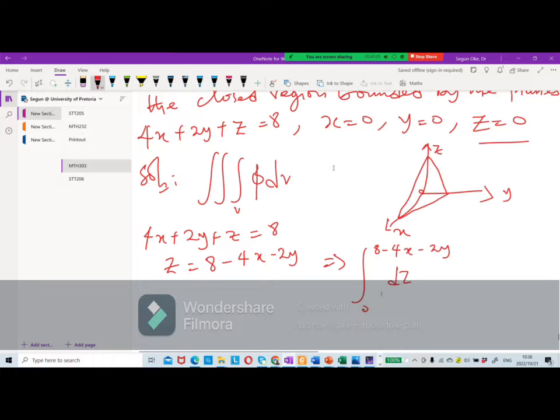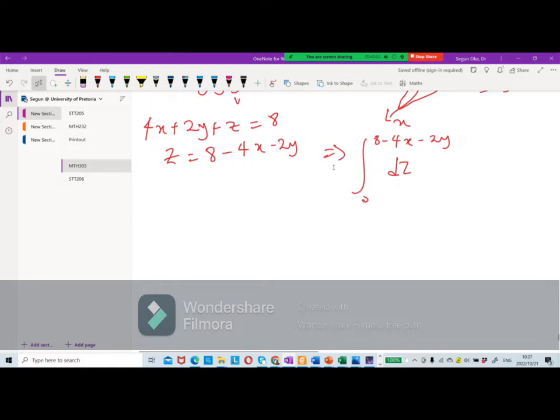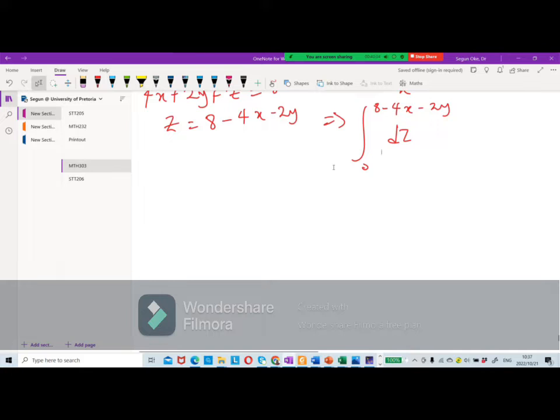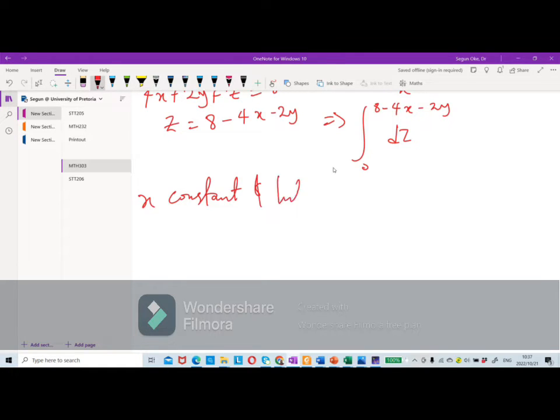So let's try the second one. That is the xy plane now. We hold x constant, so let's look at when we make x constant and integrate with respect to y, that is the xy plane. What happened? At this point, z equals 0.